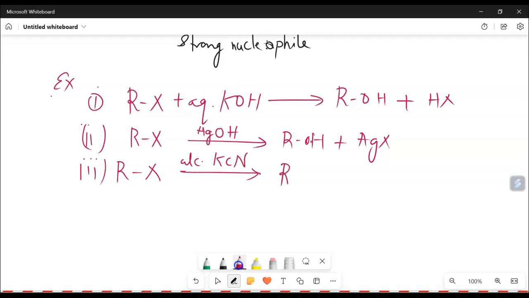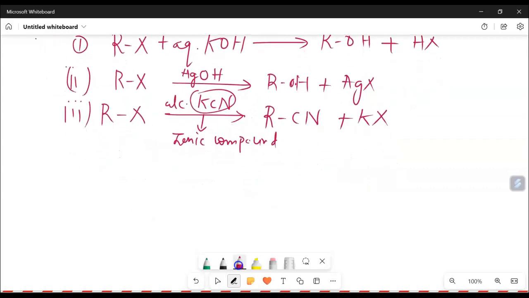It will form RCN plus KX, because KCN is an ionic compound, so it will provide CN minus ion.